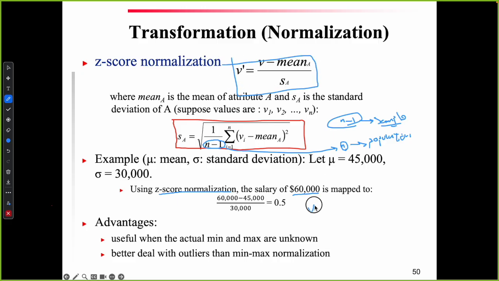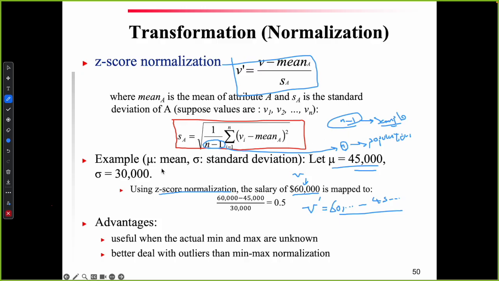Your v prime, or your new value, is your old value, which is v. So this is your v, which is 60,000, minus your mean. You have to know what your mean is, which is, for example, 45,000, divided by the standard deviation. In the exam, you may also need to calculate the standard deviation.